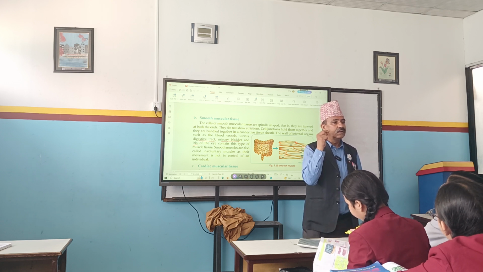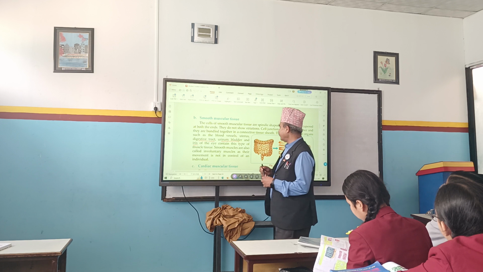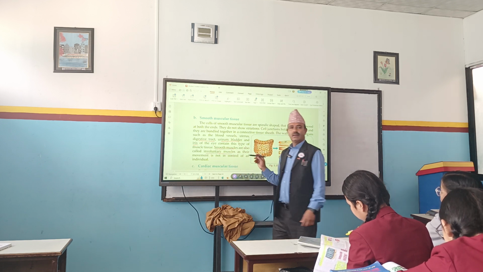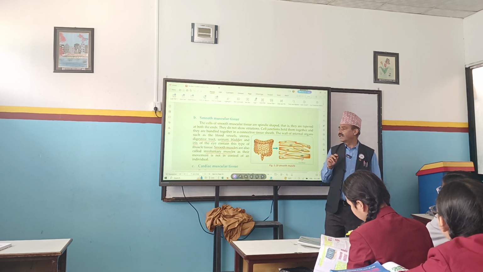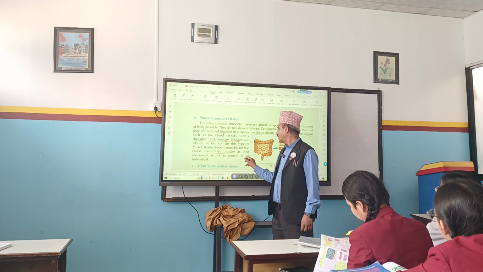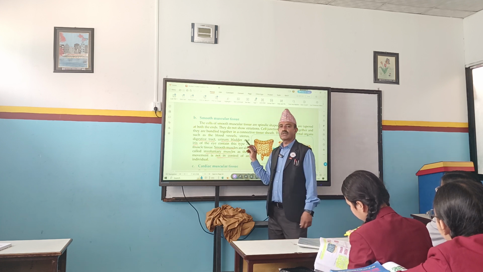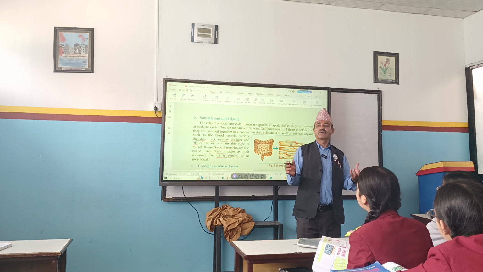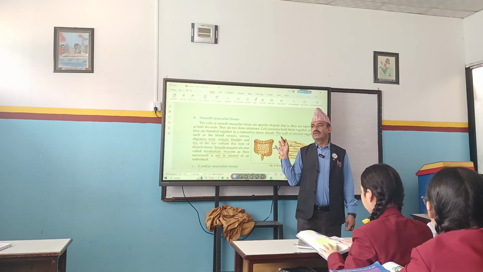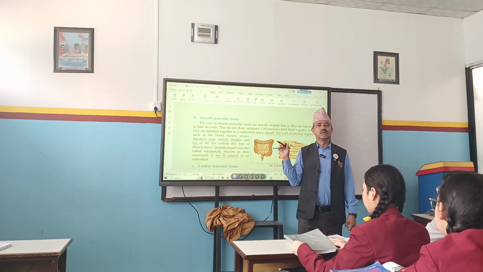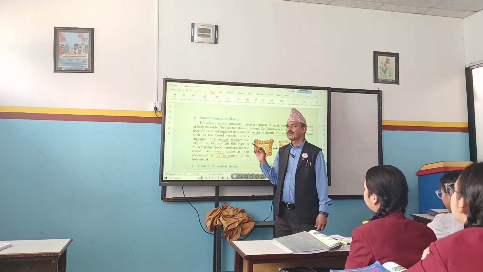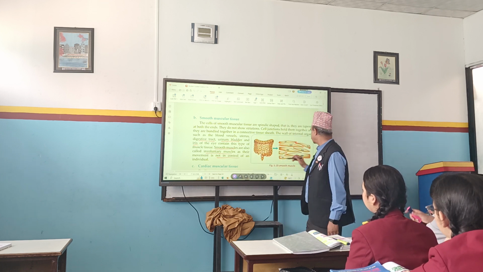And I told you, smooth muscles are called involuntary. Why? Their movement is not under the control of an individual, means we cannot control their function. Liver and lungs also contain smooth muscles, but they are not as hard or as strong as striated or skeletal muscles.